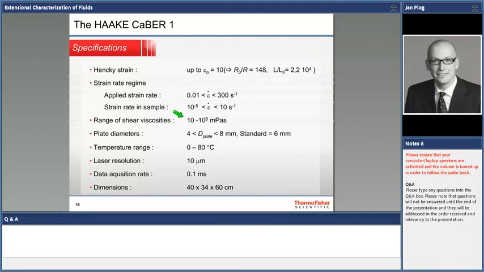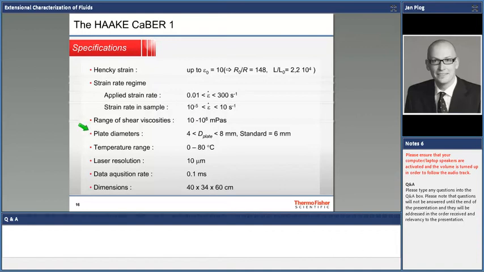There have been many publications on what are the actual measuring limits for the CaBER, and most of those publications were saying, well, let's say 20 to 30 millipascal seconds should be the viscosity to get a good enough data resolution. On the high-end viscous side, we don't have any limits. You can go up to millions of millipascal seconds. The one really deciding factor for if any CaBER experiment will work or not is the yield stress, but more on that later.